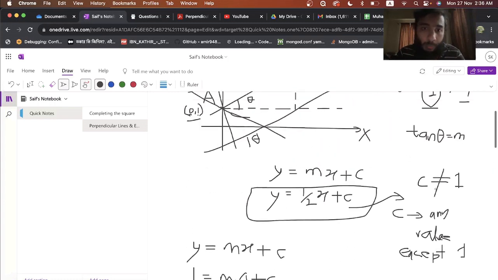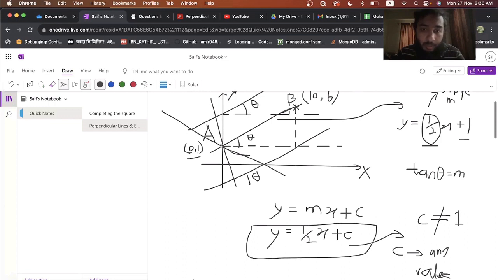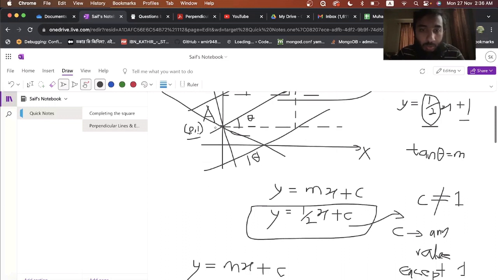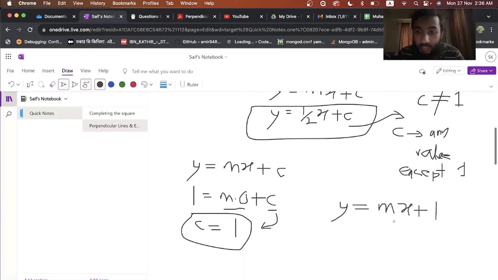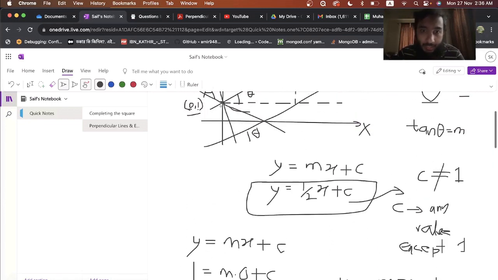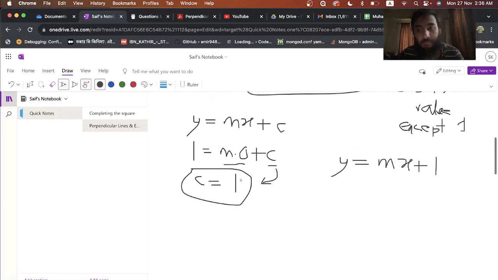Now the slope can be any value, for a straight line that passes through the point A. M here is a variable.